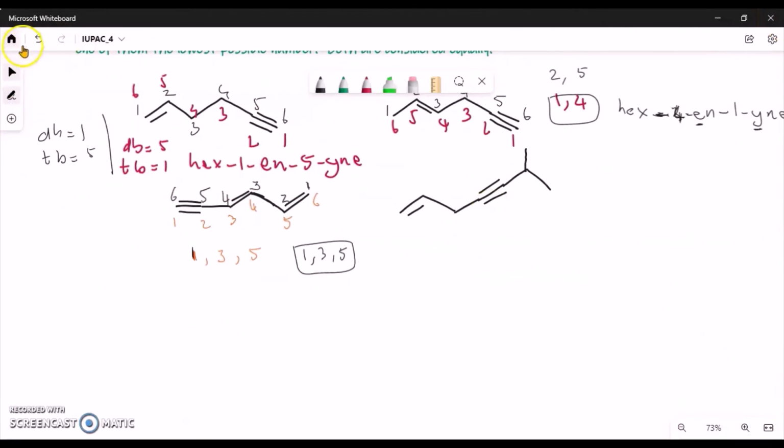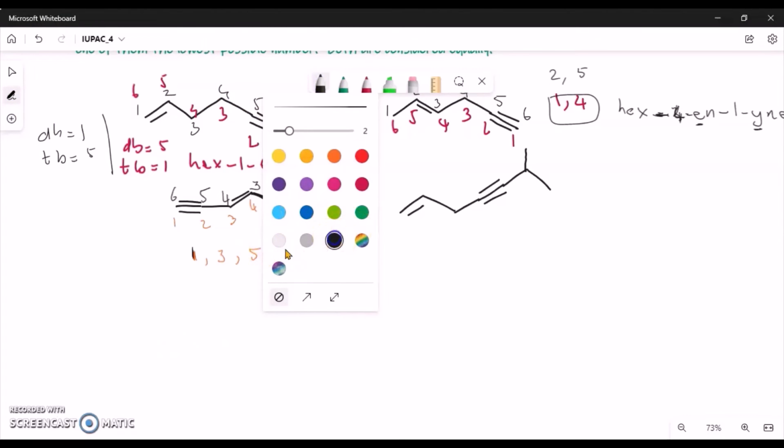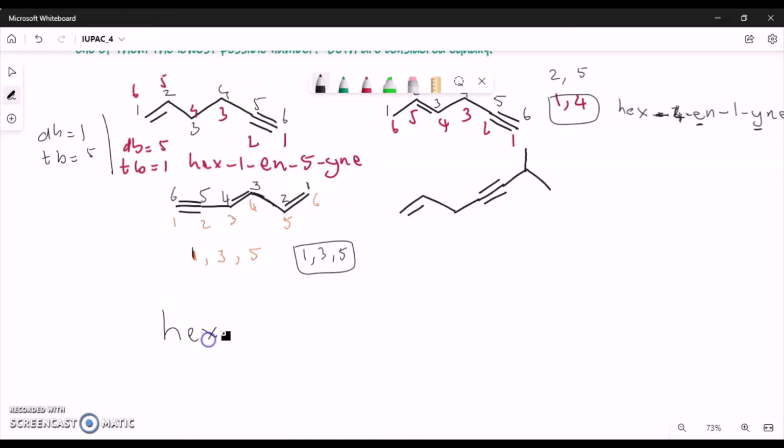The complete name of this compound is going to be hex, because 6 carbons, and then we have double bonds at position 1 and 3, and there are 2 of them, so that will be di-ene, and the triple bond is at position 5, so it will be 5-yne. So how am I going to write? Hex-1,3-di-ene-5-yne. That will be the complete name of the third compound.